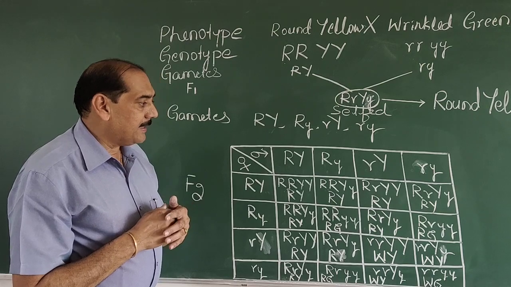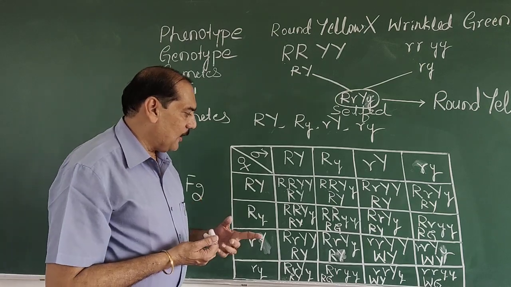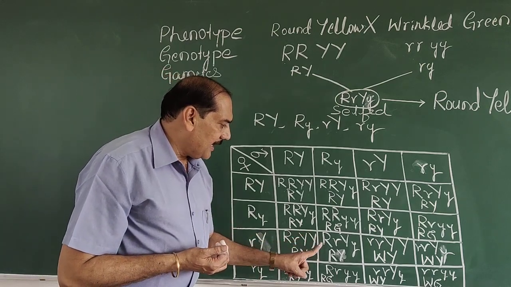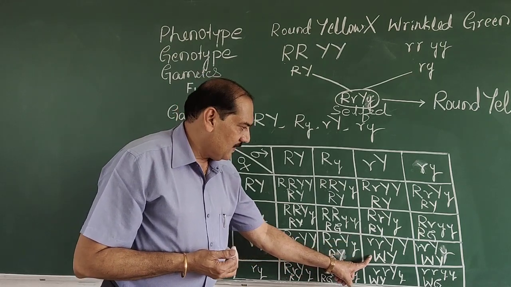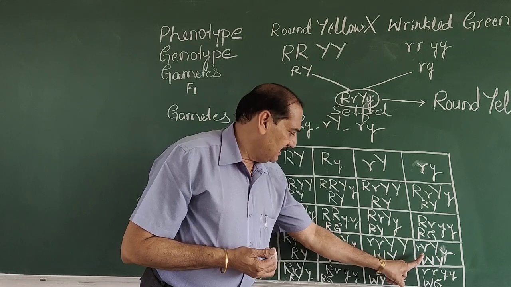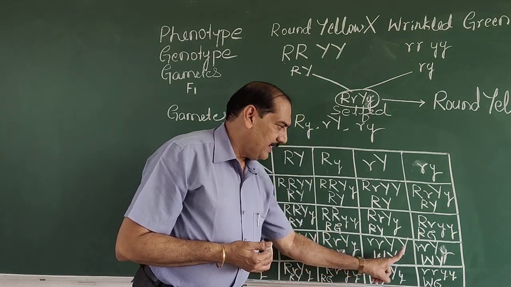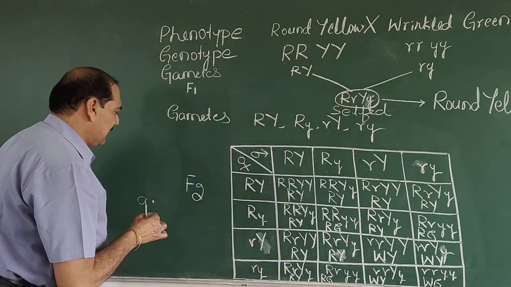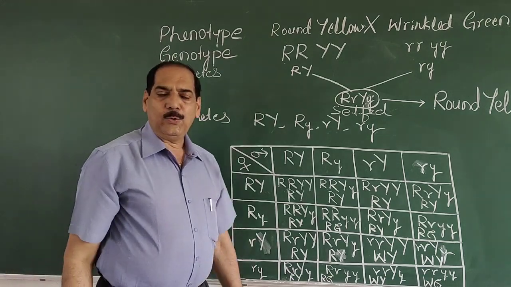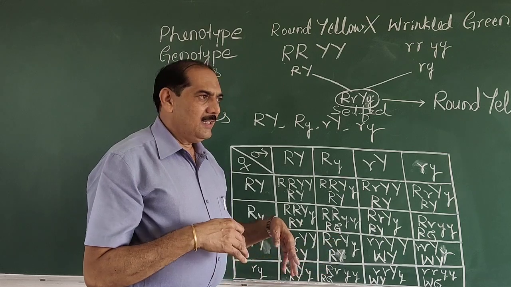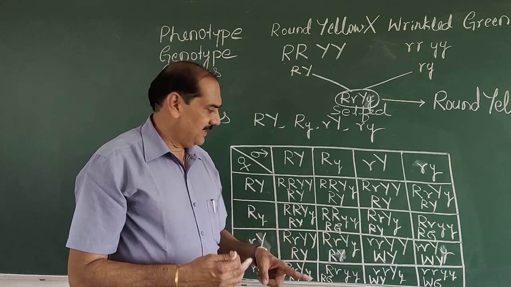Next, you take the wrinkled yellow. How many wrinkled yellows are there? See, this is one wrinkled yellow, 2, 3. These are wrinkled yellow. Next, you count how many round green.